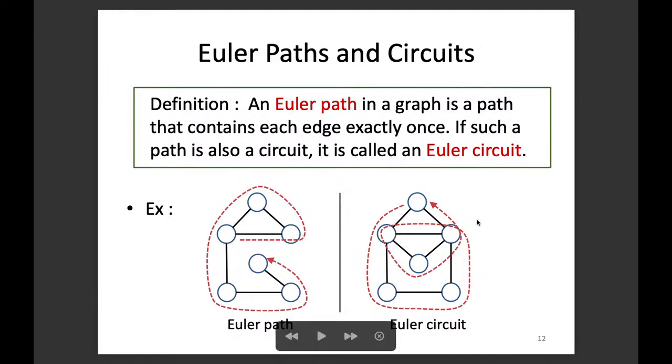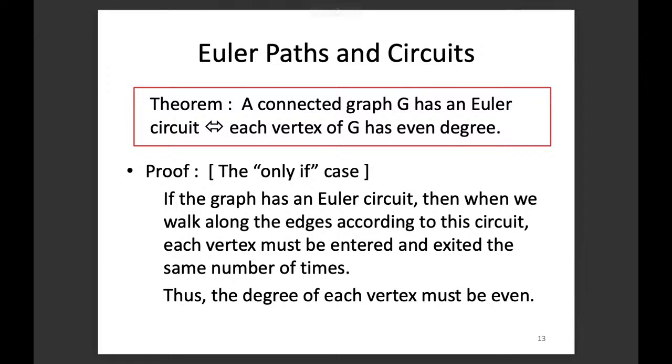And what is an Euler circuit? An Euler circuit is an Euler path such that it is also a circuit. So can we start from a certain vertex, walk along every edge exactly once, and go back to the original vertex? Okay. And then we have a theorem. First of all, a graph that has an Euler path or an Euler circuit has to be connected, assuming that there are no isolated vertices.